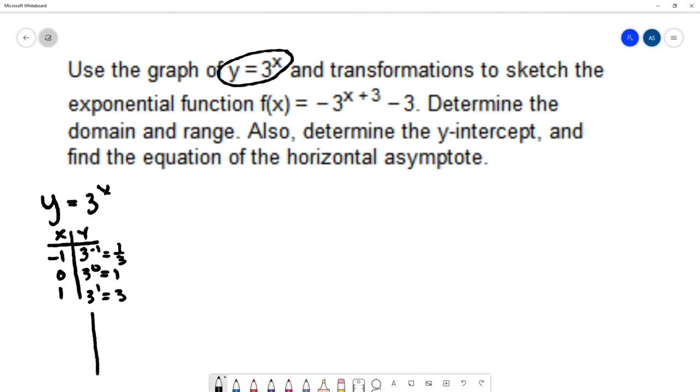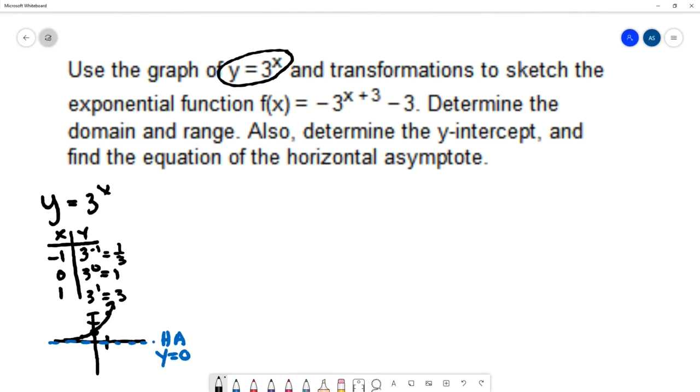So that gives us a sketch of our original graph: 0, 1, 1, 3, and negative 1, 1/3. That original graph has a horizontal asymptote, which is right on top of our x-axis, y equals 0.